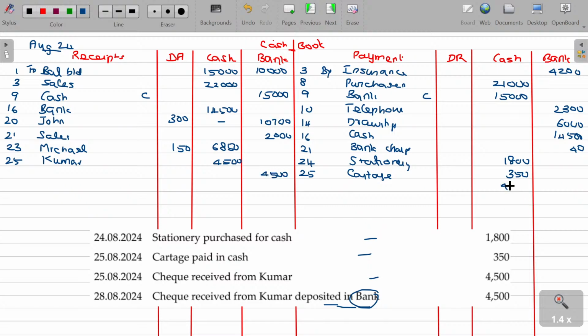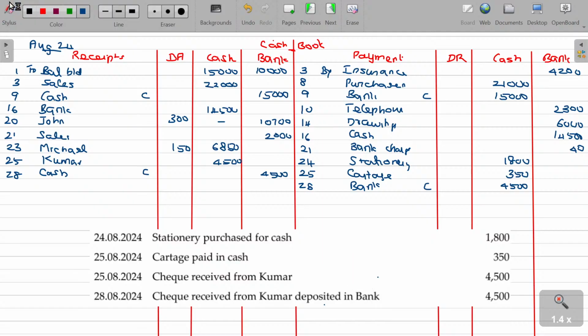So, payment side of cash column will have this 4,500 and receipts, especially in bank column, it will be posted. So, under cash, it will be named as bank, and under bank, it will be named as cash. The date being 28th August. As you have entry recorded in both the sides, I name this being C, contra.